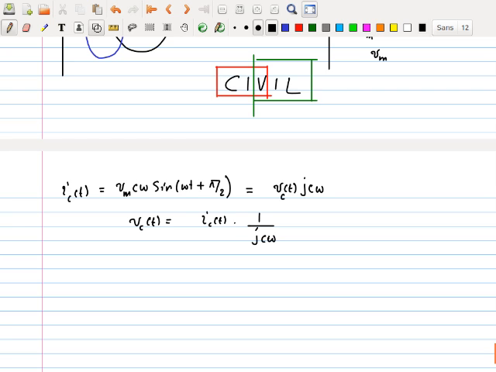Vc is equal to Ic times something that is like an R. But the only problem is this is not a resistance. It is dependent on frequency. If the frequency changes, this is going to change. Resistance is resistance; whatever the frequency, resistance is still a fixed value. Here, all of a sudden, this looks like a resistance, but if I change the frequency, everything changes.